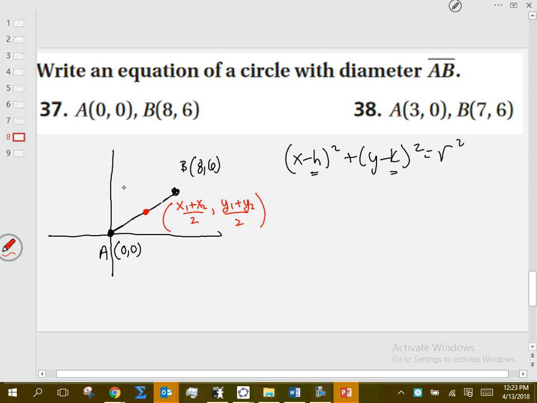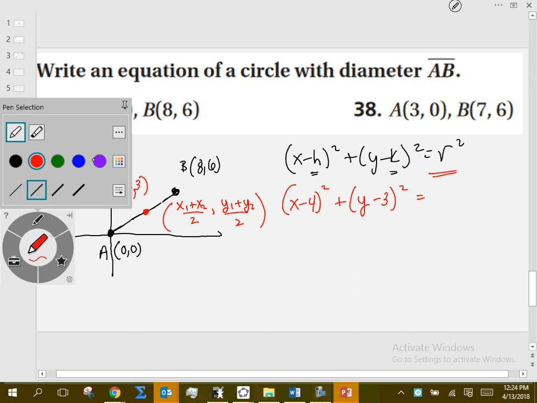So if I do that here, it's kind of easy because we got an endpoint at 0, 0. So 8 plus 0 divided by 2 would give me 4. 6 plus 0 divided by 2 would give me 3. So now I know x minus 4 squared plus y minus 3 squared should equal my radius squared, but I still don't know my radius, right?